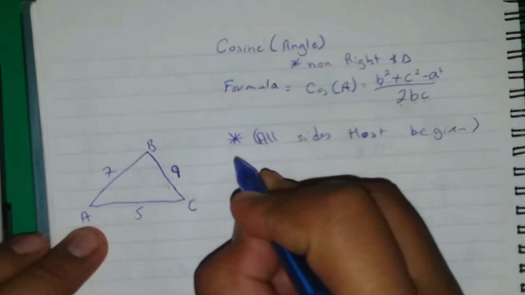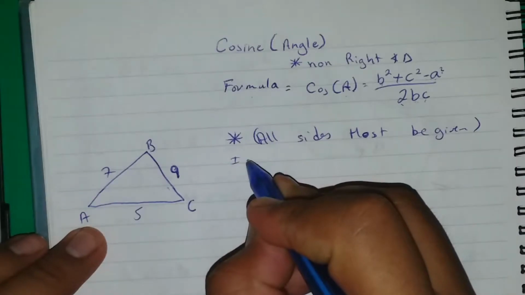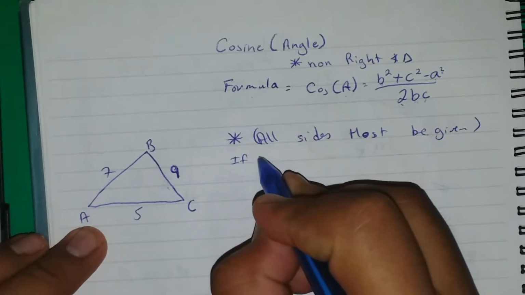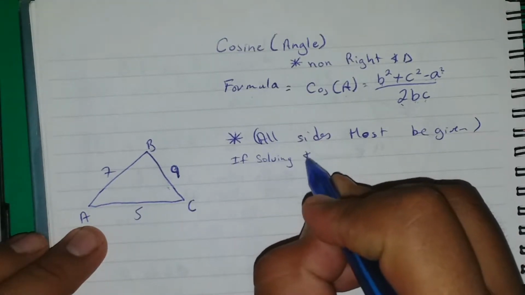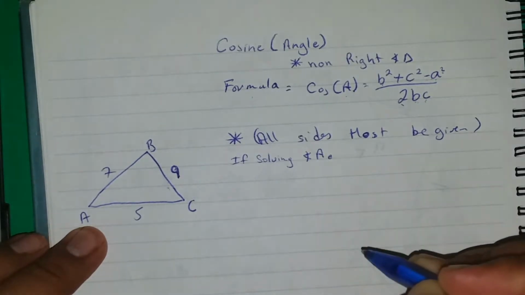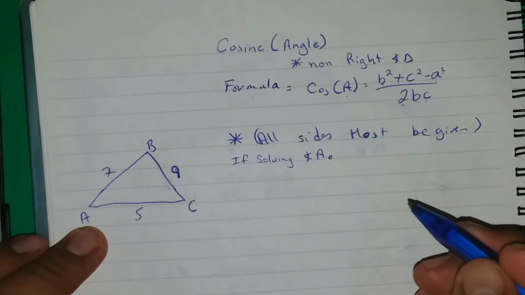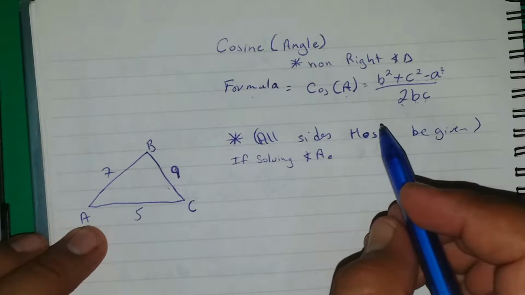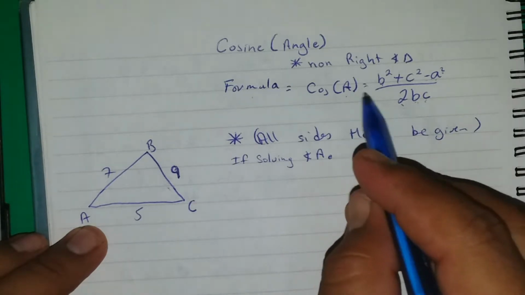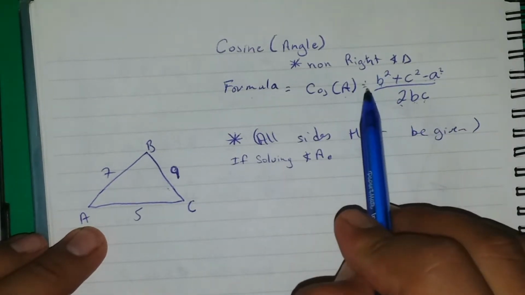If you're solving for angle A, your triangle is the same way as we have it up here.